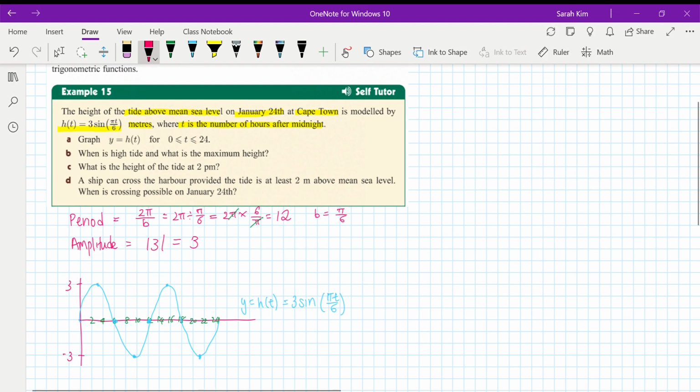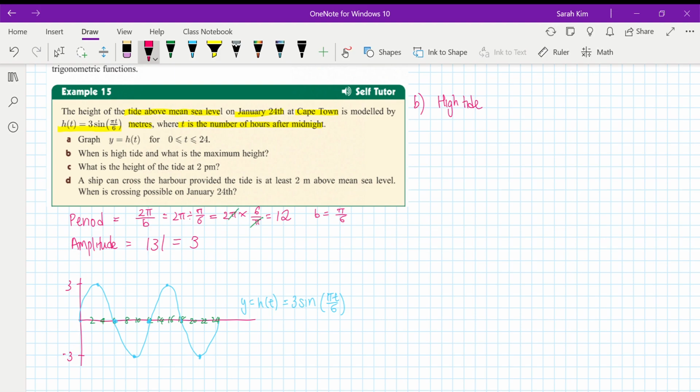Let's have a look at B. When is the high tide and what is the maximum height? Okay, high tide. The 0 is going to be sea level. When my y value is negative, it's going to be below sea level. When it's a positive y value, it's going to be above sea level.